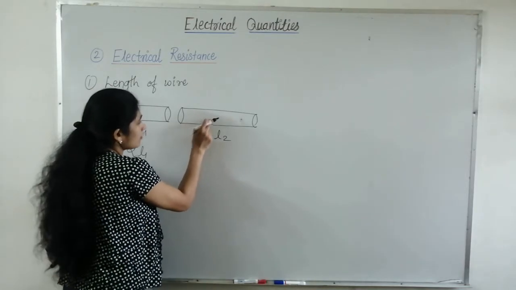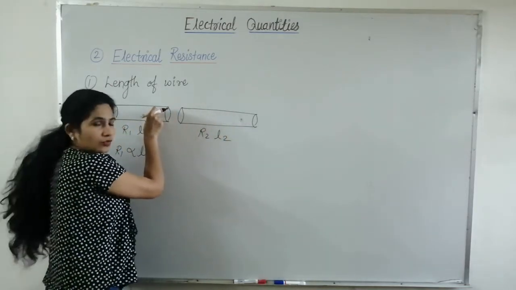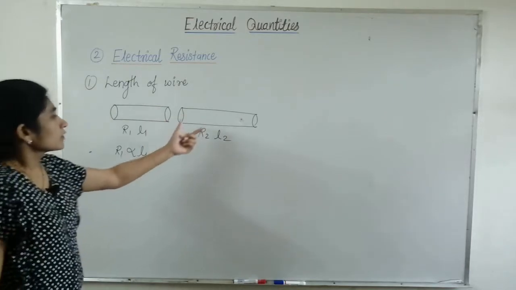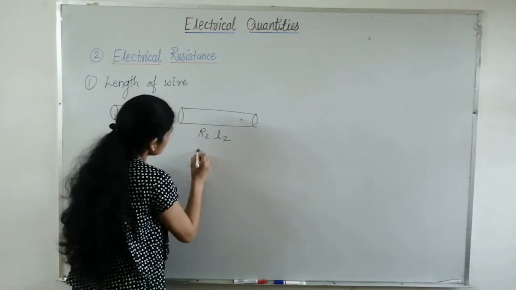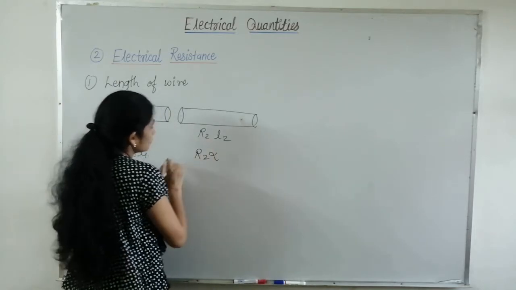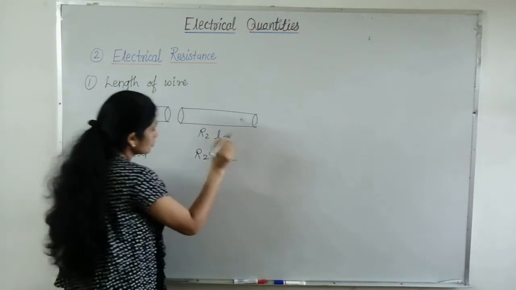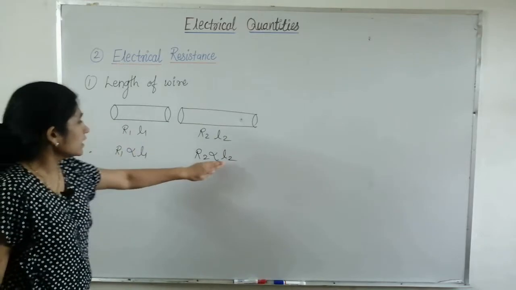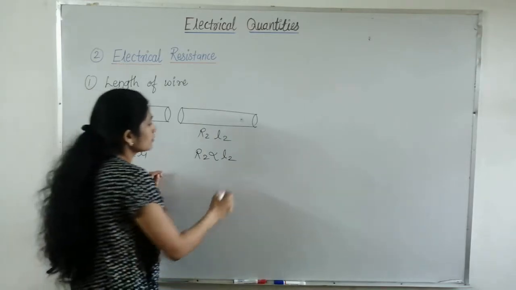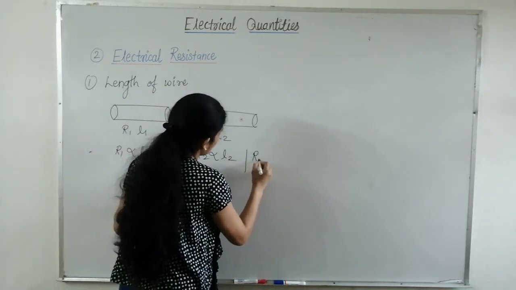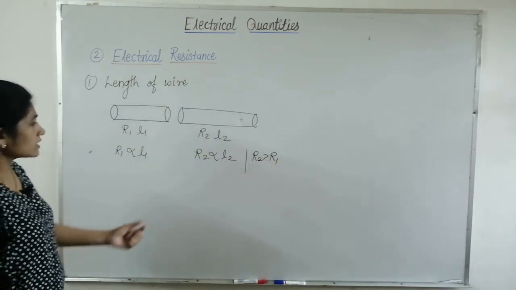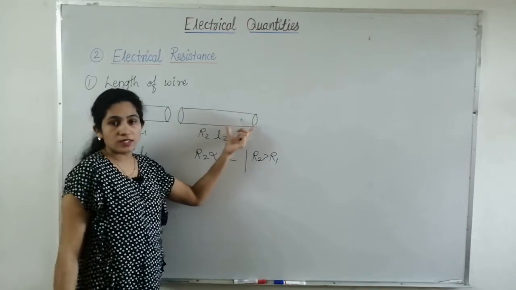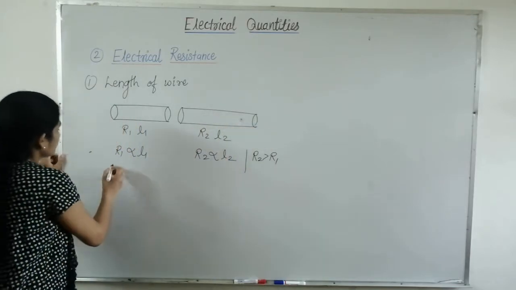Now as the length of the second wire is greater than the first wire, therefore the resistance R2 is greater than R1. So R2 is directly proportional to L2, and as L2 is greater than L1, therefore we can write R2 is greater than R1 because resistance increases with the increase in length.